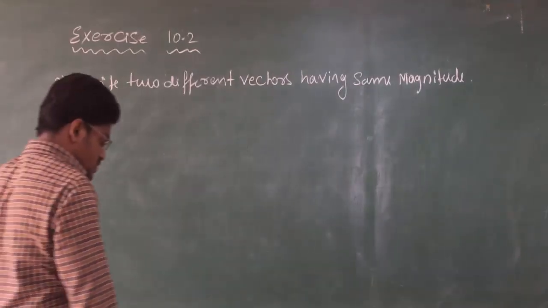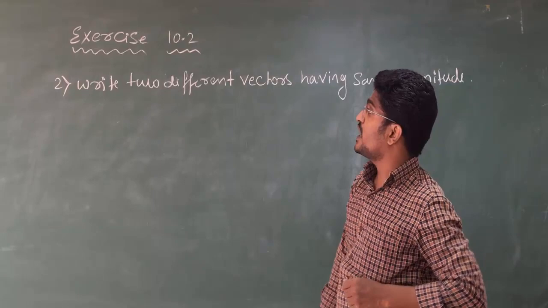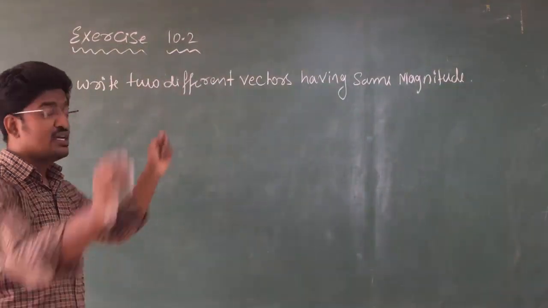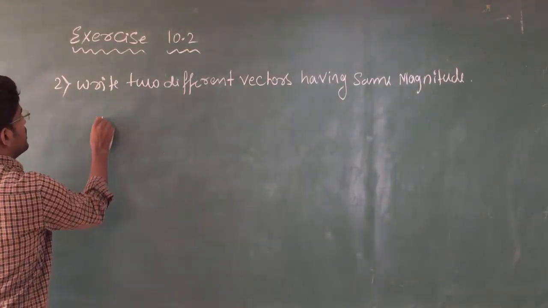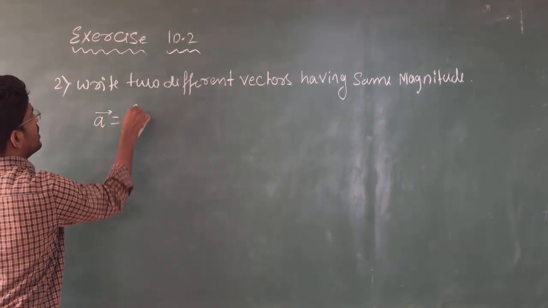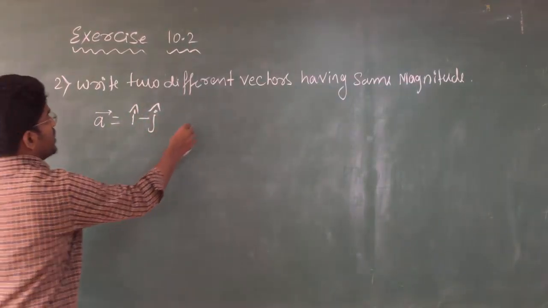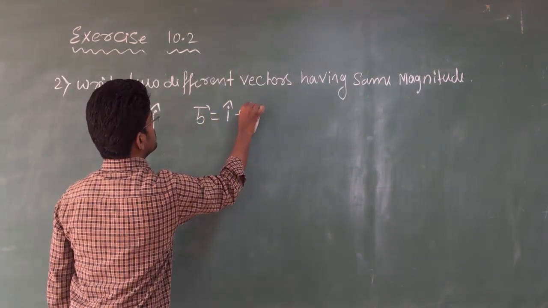Okay students. In the next question, they are asking to write two different vectors having the same magnitude. No problem. Let us write. I can write vector A as i cap minus j cap and vector B as i cap plus j cap.